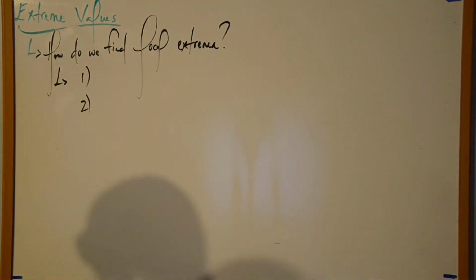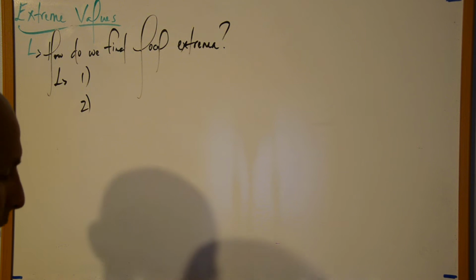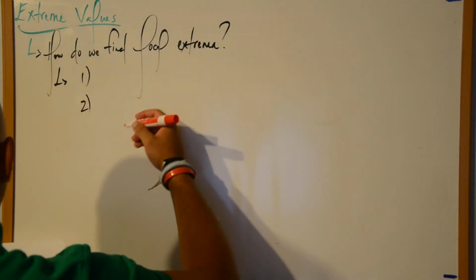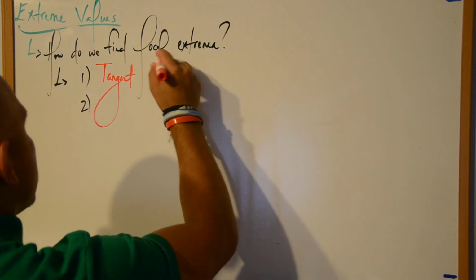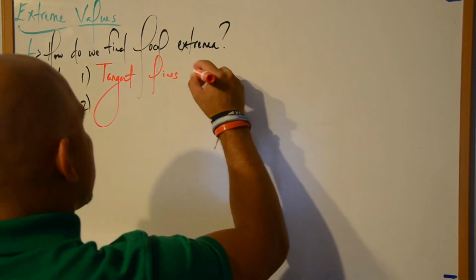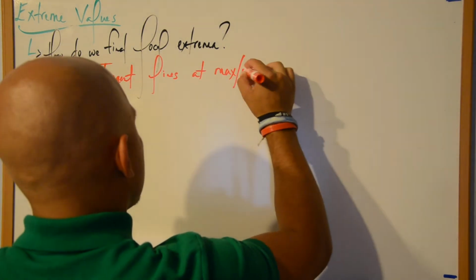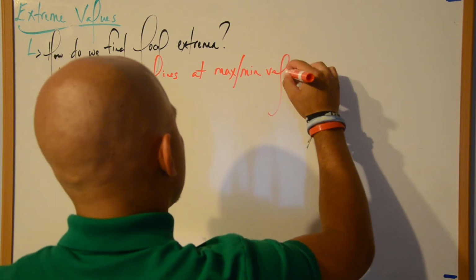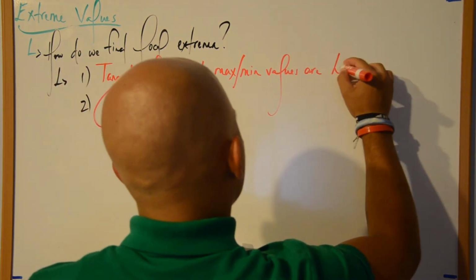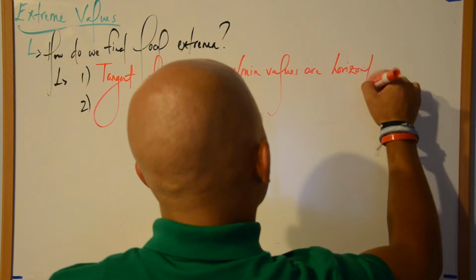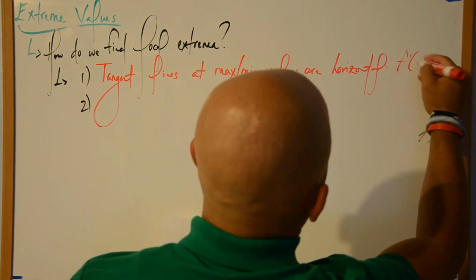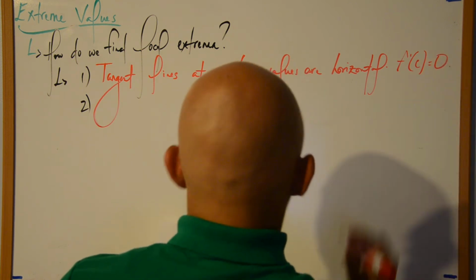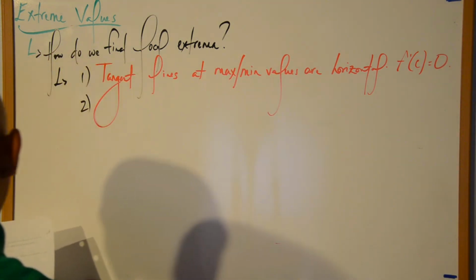Okay. Well, the first thing we can do, like I said at the end of the last video, is the tangent lines at max and min values are horizontal. So that definitely helps out, right? That tells us that f prime of c is equal to 0 at this particular point.